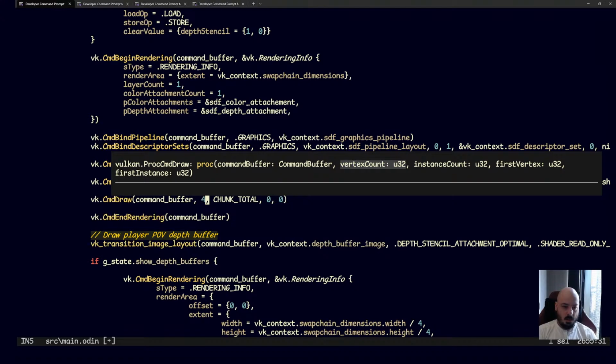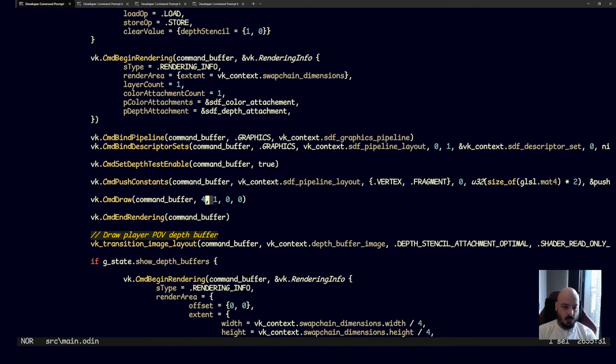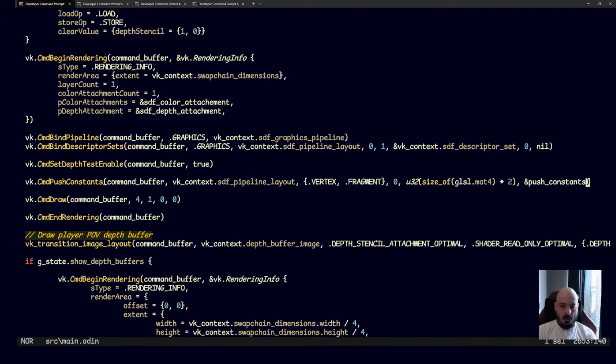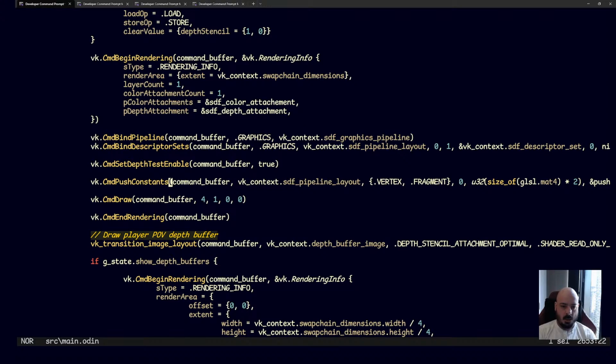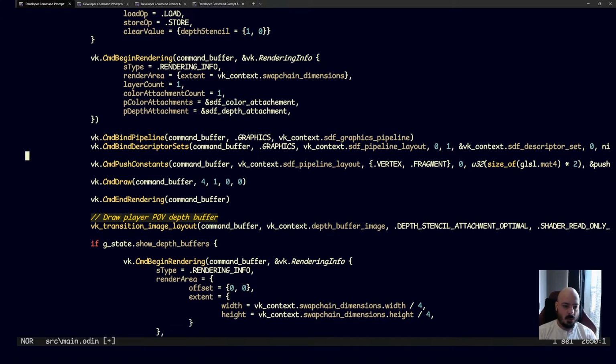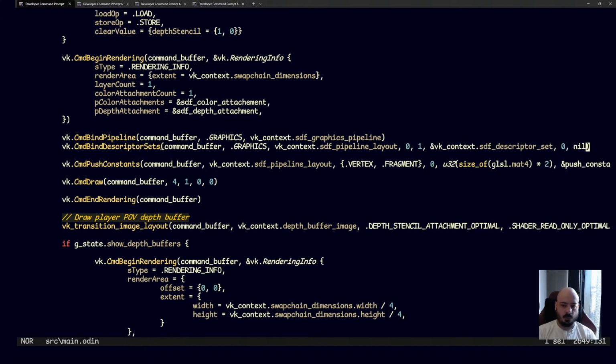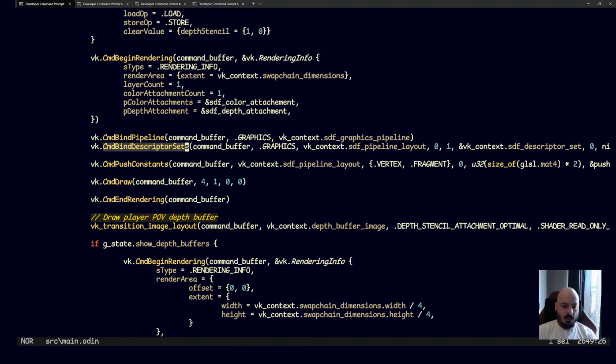This is going to be 4 vertices, 1 instance. Push constants are available in the vertex and the fragment shader. We're going to need some kind of uniforms. Depth test is not on. I think that should be good. Let's see.